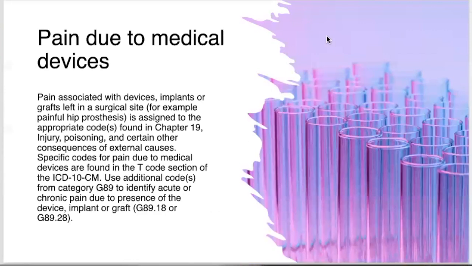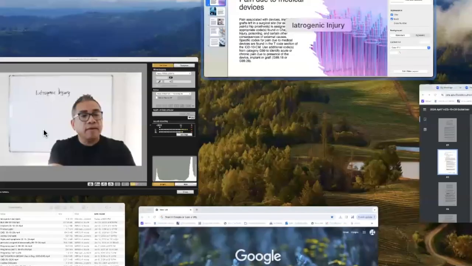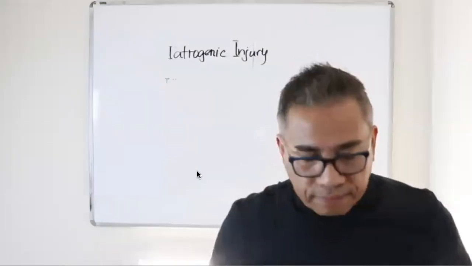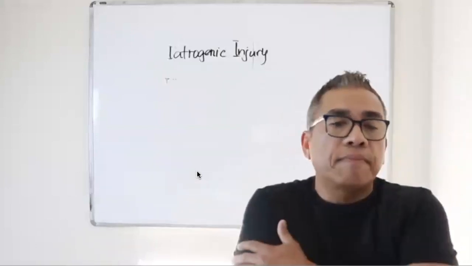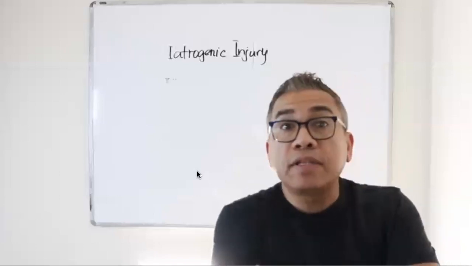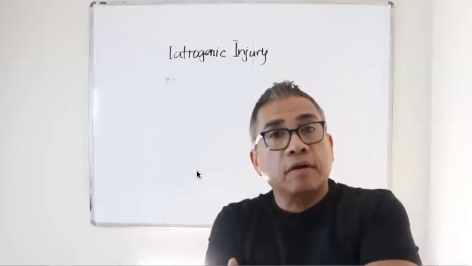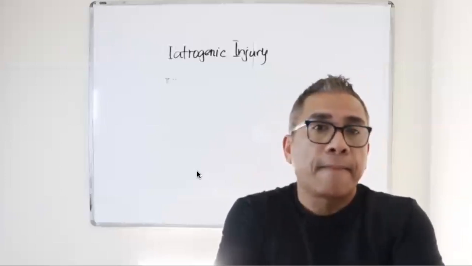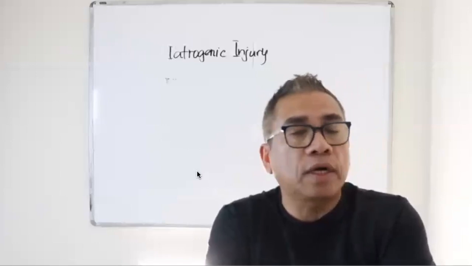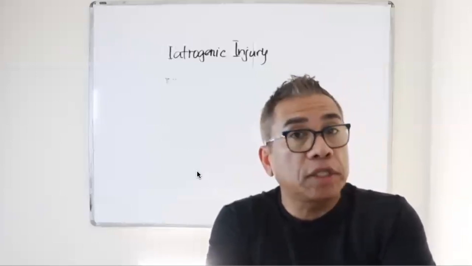When a patient is experiencing a complication, like in this case a pain due to a device, how are we going to code it? In the coding guidelines, there are many kinds of pain, and not only in the medical world, there are many types of pain that can be documented. There are pains caused by a definitive diagnosis, like osteoarthritis, or pain due to a definitive condition, like pain due to cancer.